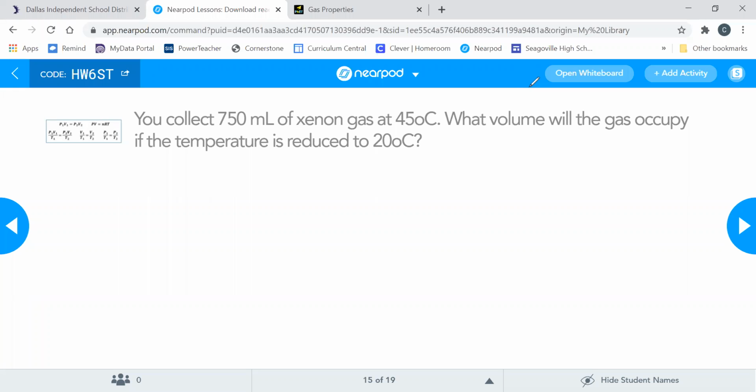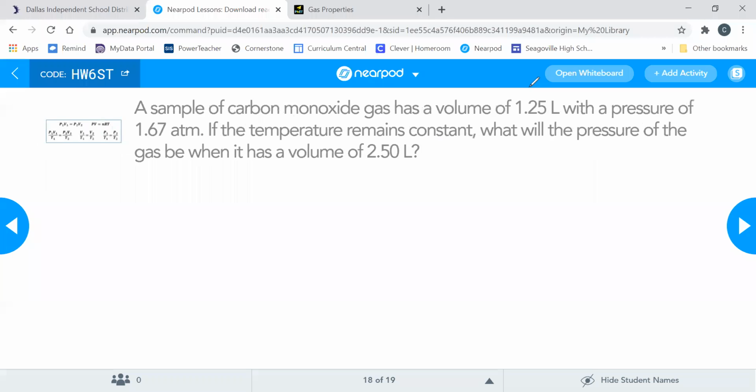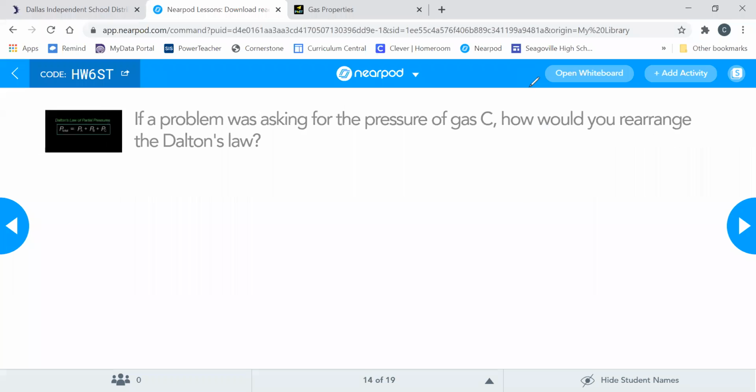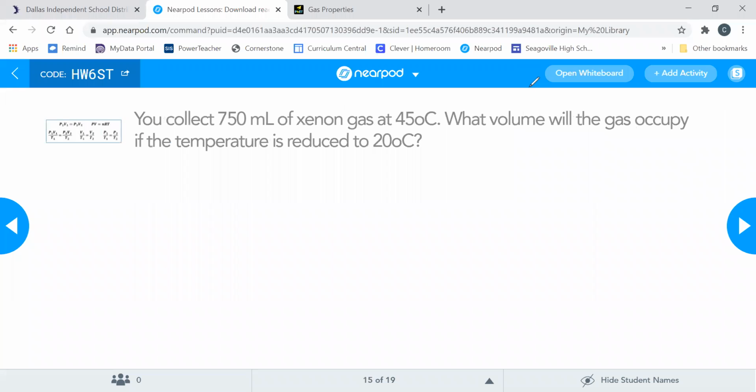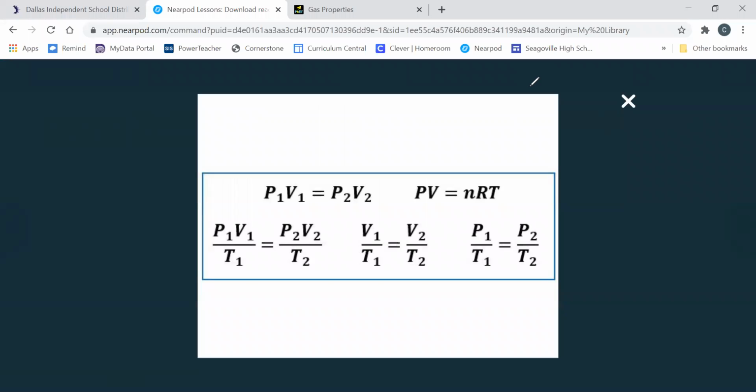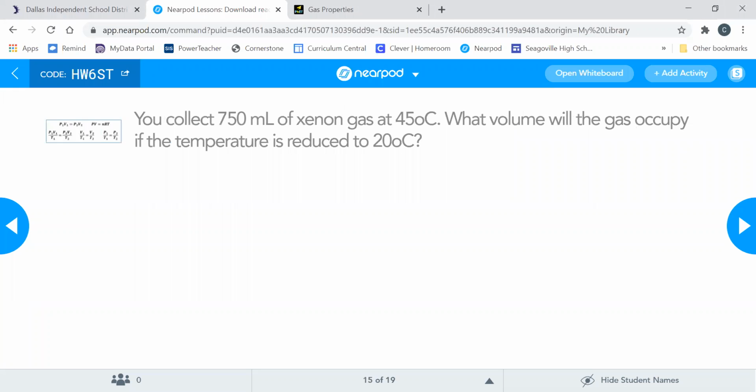Okay, so now we come to the example problems. These example problems are going to be very similar to the quiz, but I'm not going to tell you how. What you guys are going to do first is figure out what equation you're going to use. We have all these equations, but we don't know which one to use. One way you can figure it out is by what they give you.